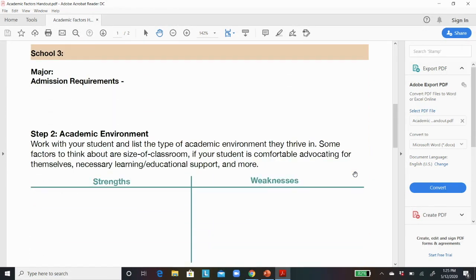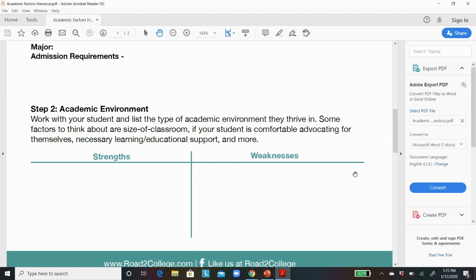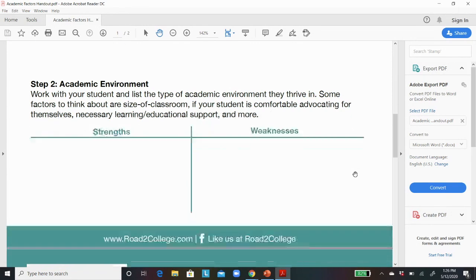In addition, list the strengths and weaknesses of your student. Be honest. You want your student to be able to find colleges that exemplify their strengths. And that's fine. They can be challenged in some of their weaknesses, but we want them to be challenged and develop them, not be overwhelmed.